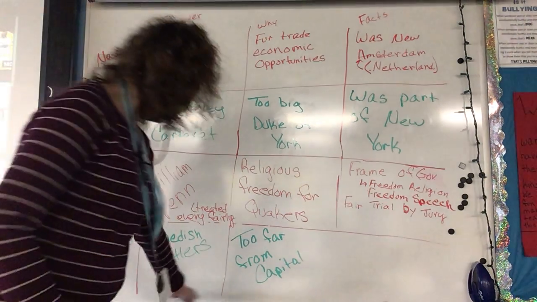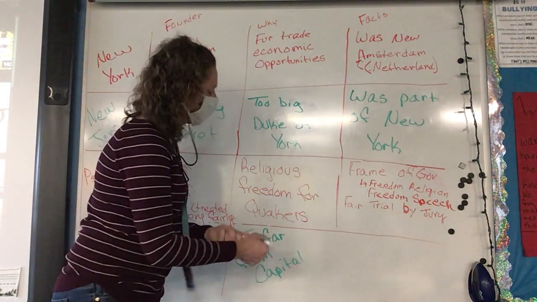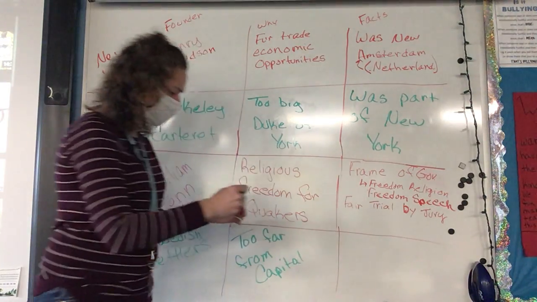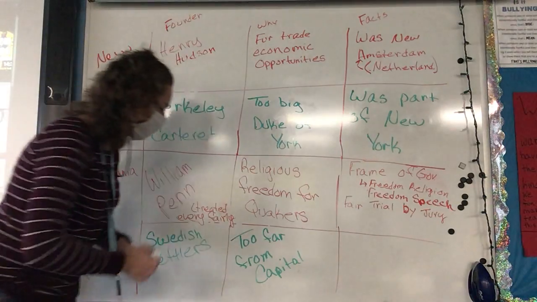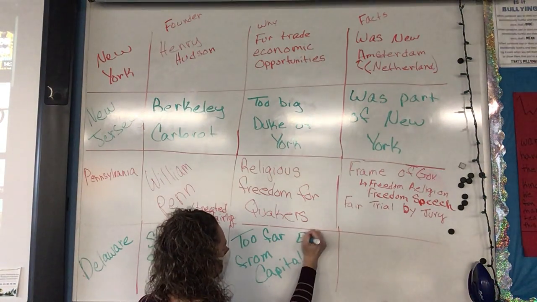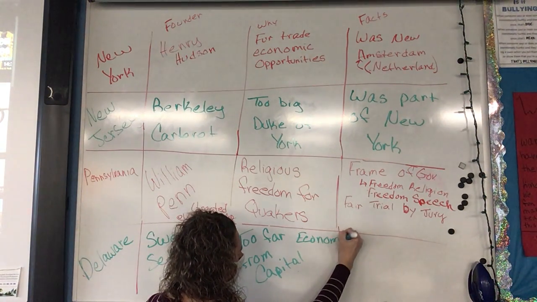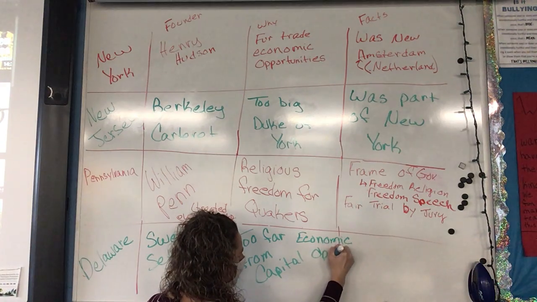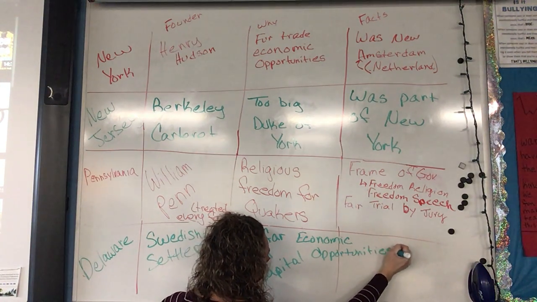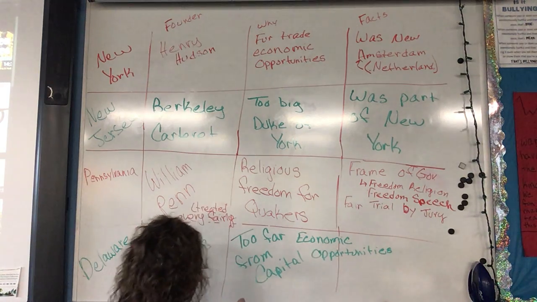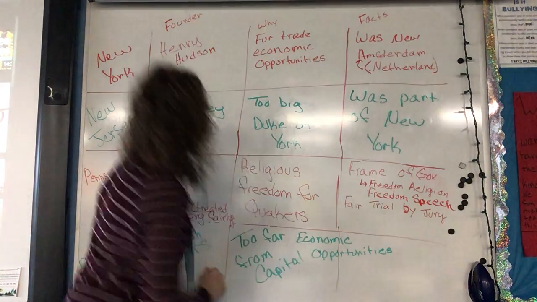And for other facts of Delaware, I left that one blank. Okay, we don't have anything we're writing there. We've got these here. You could add here economic opportunities, if you wanted. All right.